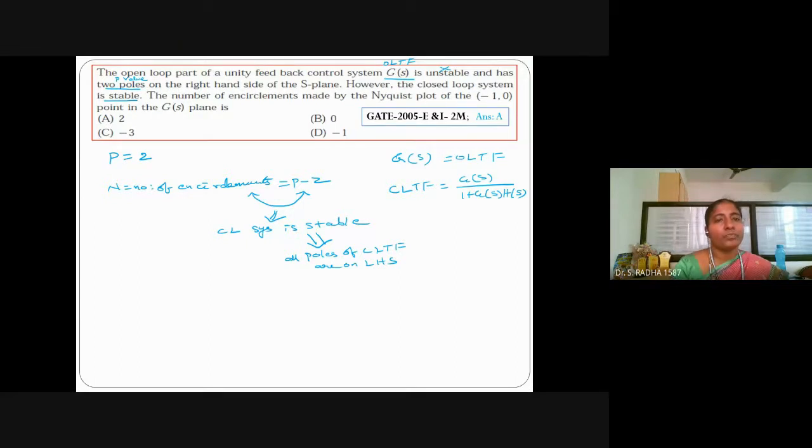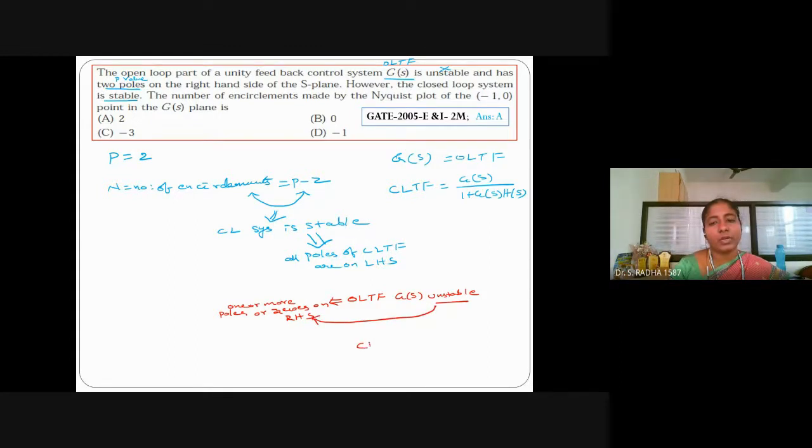For the open loop transfer function G of S, unstable means one or more poles or zeros are present on the RHS in the pole zero diagram. That's why we are telling it is unstable.